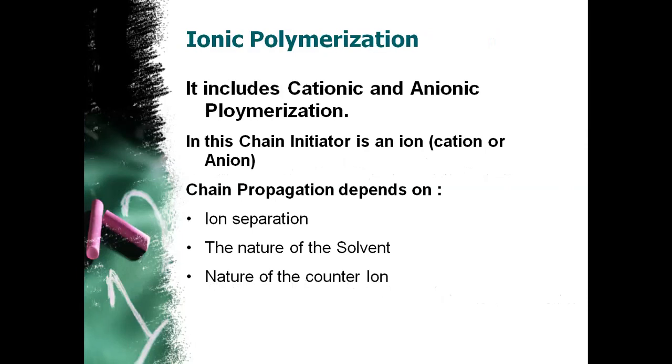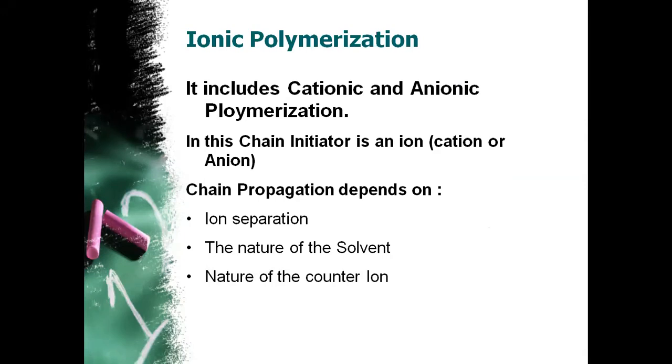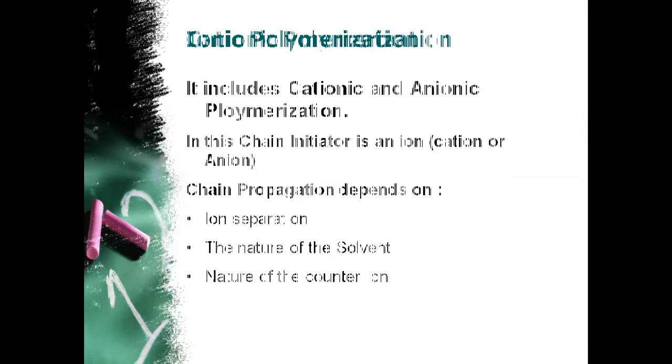In cationic polymerization, the initiator is a cation which carries a positive charge, and generally we make use of Lewis acids like AlCl3, BF3, etc. And in anionic polymerization, the initiation step is carried out by an anion which has a negative charge over it, for example, butyl lithium, etc. In ionic polymerization, the chain propagation step depends on ionic separation, nature of solvent, and nature of counter ion.